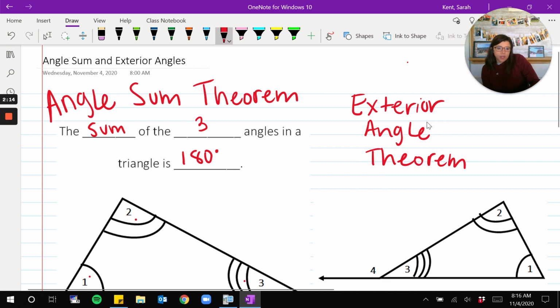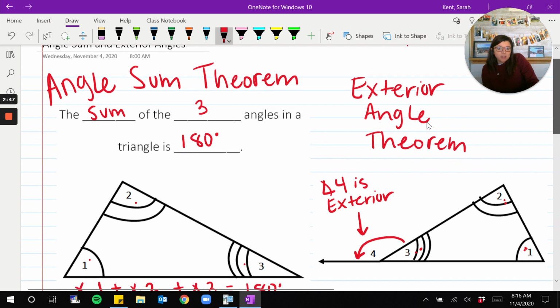If we look at our picture, we still have angles 1, 2, and 3, and all of those are inside the triangle. Then if you notice, there's angle 4 over here on the side. This is our exterior angle because it is outside of the triangle. You can make a little note: angle 4 is exterior because it's outside of our triangle.